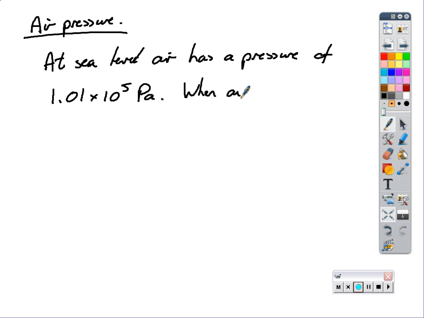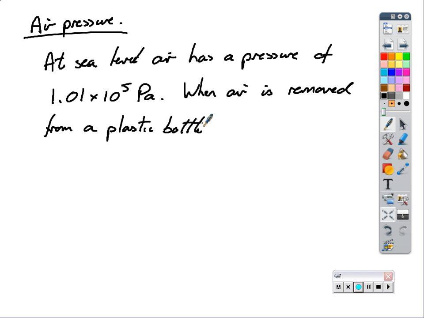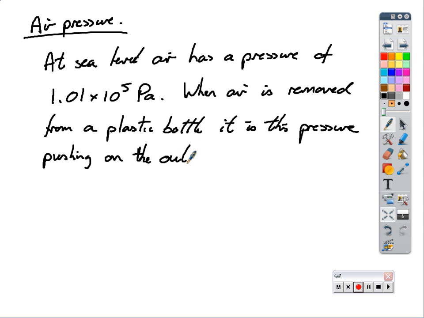When air is removed from a plastic bottle, it is this pressure pushing on the outside which causes the bottle to collapse.